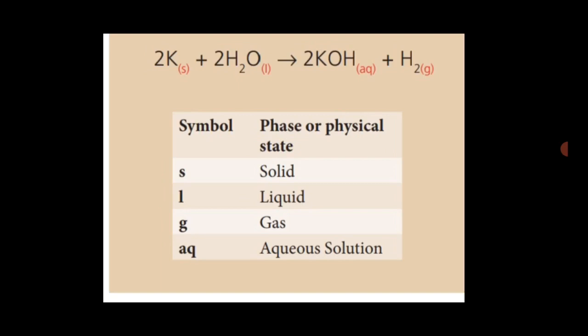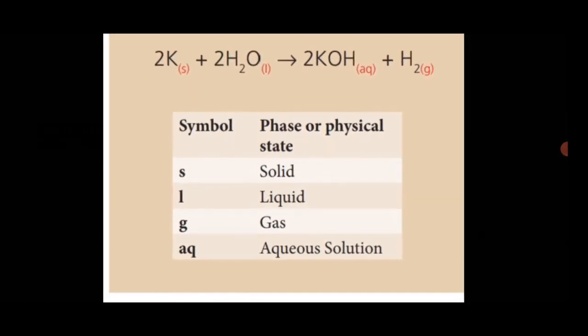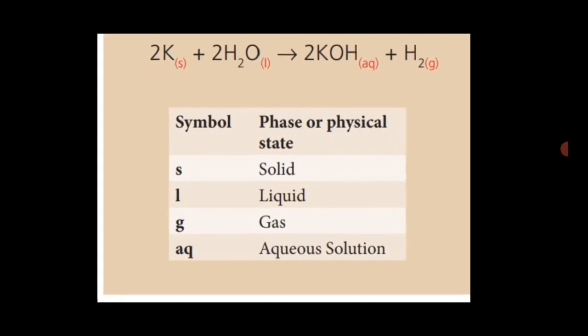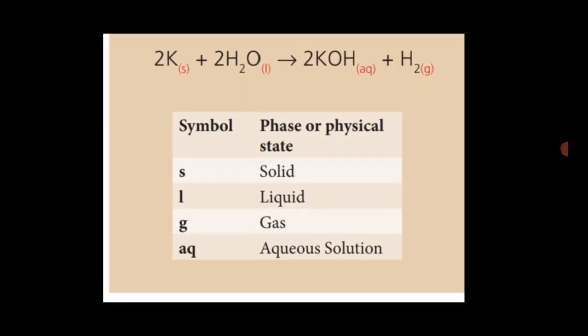Aqueous solution is represented by AQ, and it produces hydrogen gas, formula G. So in every equation, there is the nature of the physical states of the reactants and products. The physical state of the substance is denoted in a short form within a bracket as the subscript of the respective formula.